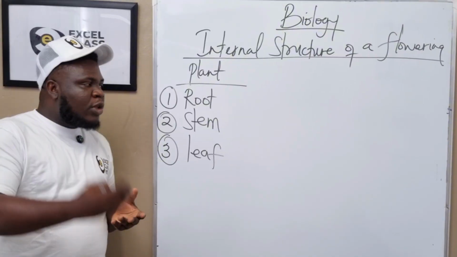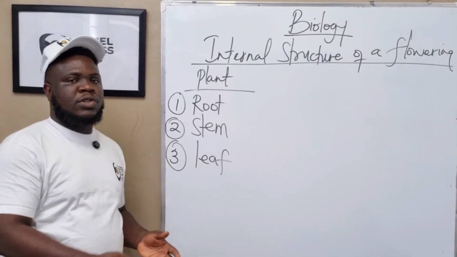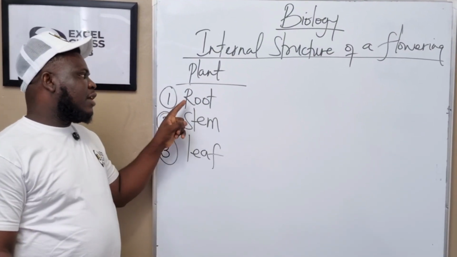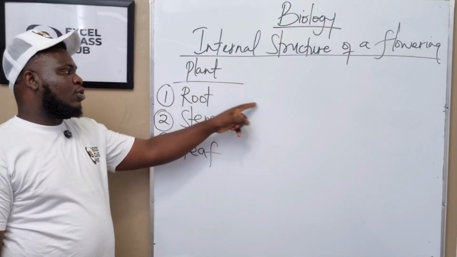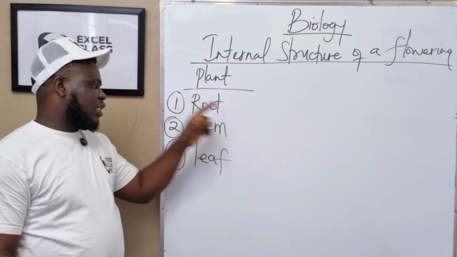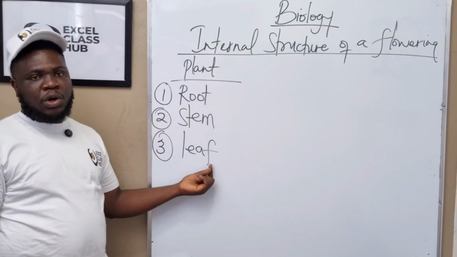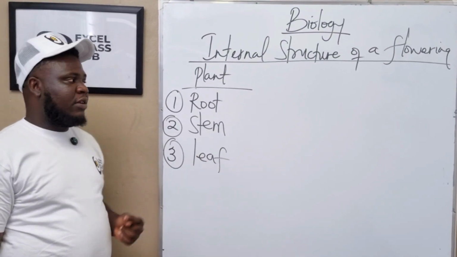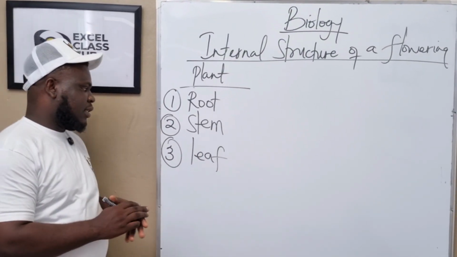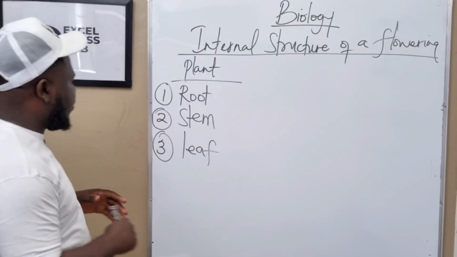So when we want to study their internal structures, we definitely have to study the internal structure of the root, the stem, and the leaf. This is very, very important.